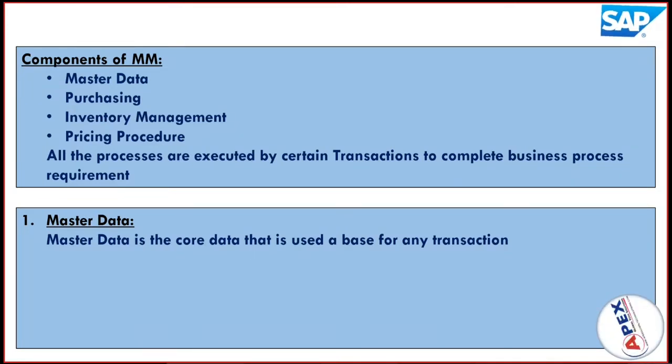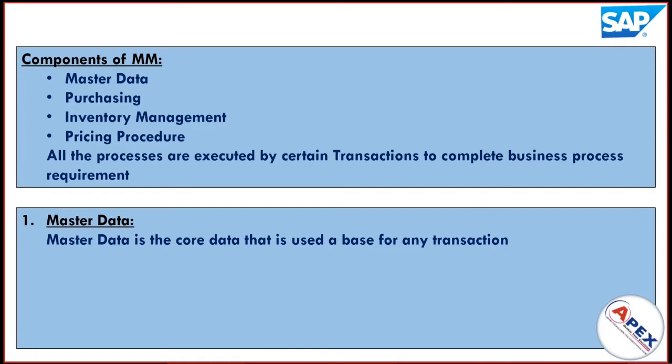To manufacture any product, you have to procure the raw material, right? To procure the raw material, you need to make purchasing activities. To do purchasing activities, you should have some data. What is that data? Material data, we should know what material we need to purchase. Vendor, we should know from which vendor we need to purchase the material.